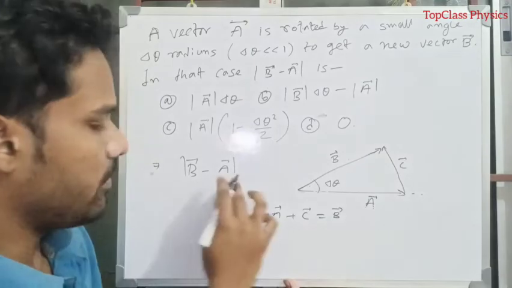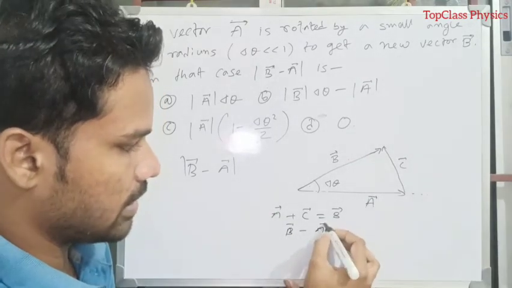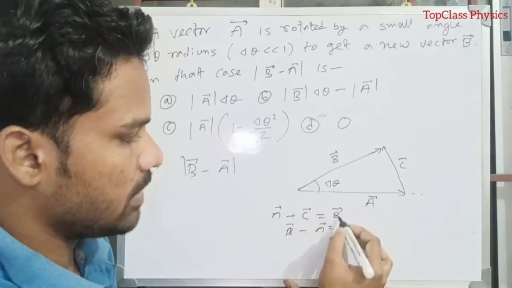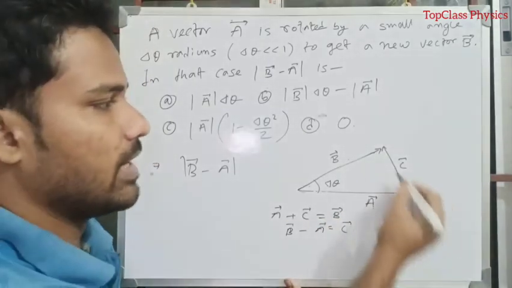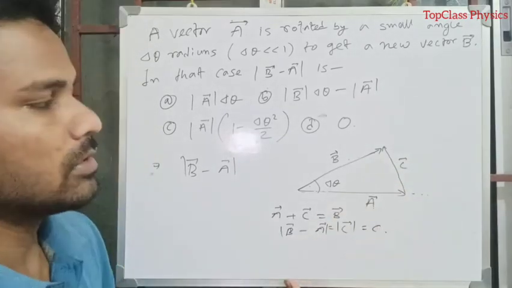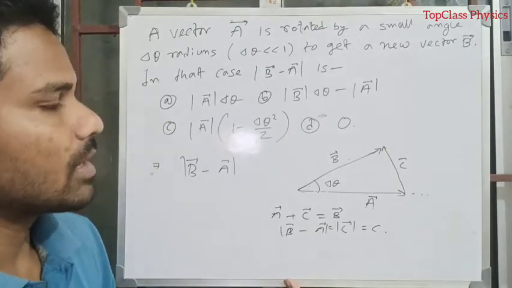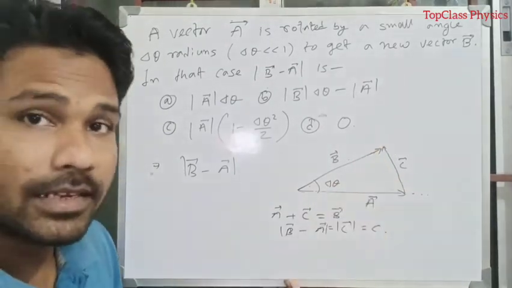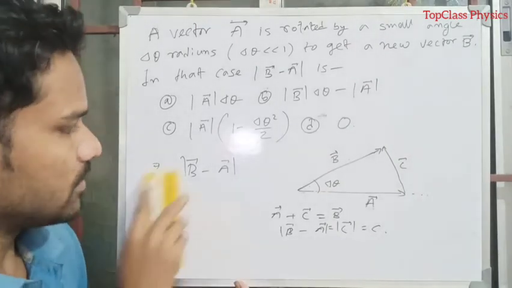So B vector minus A vector equals C vector. If I find the magnitude of this length, then I will get our answer.